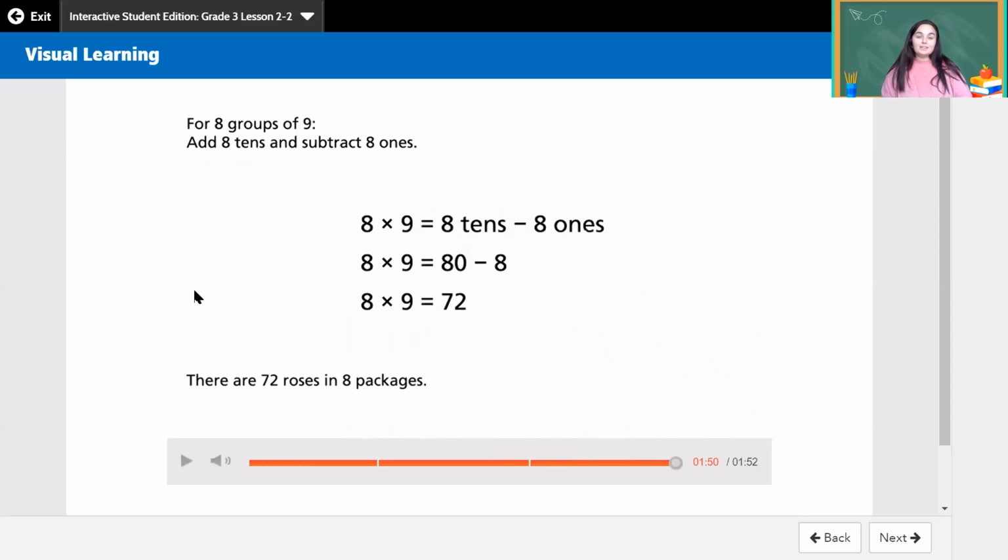Okay, so what they did there was, instead of multiplying by 9s, which can be a little hard, I'm not going to lie, they went and multiplied by 10s instead, and then just took away those extra ones from each one.